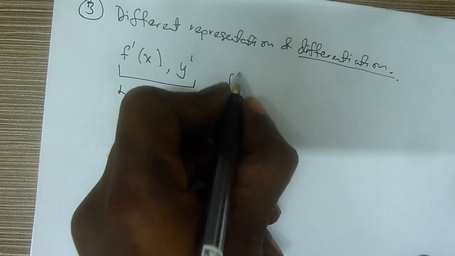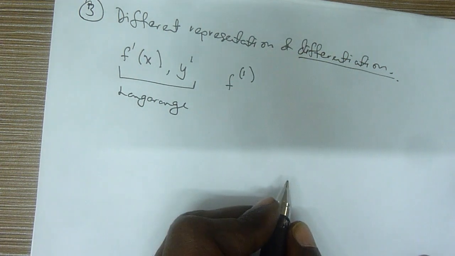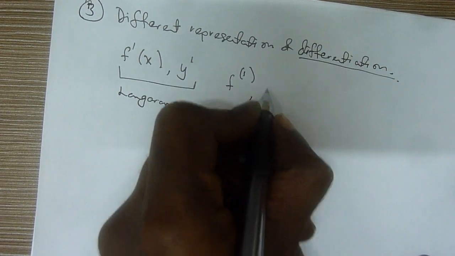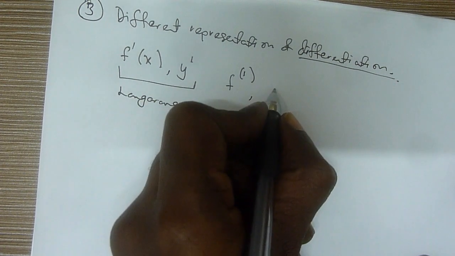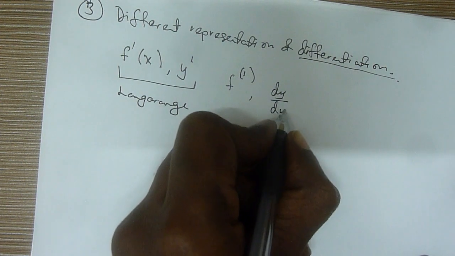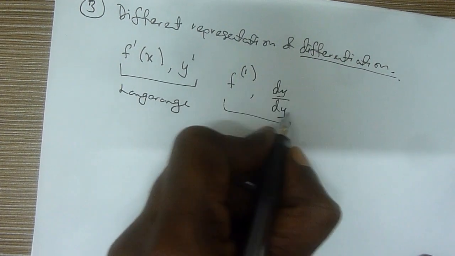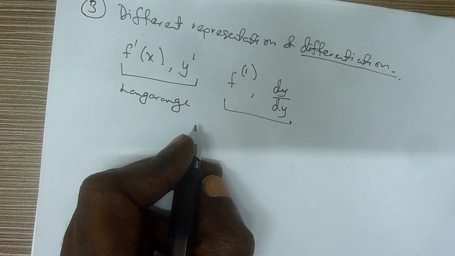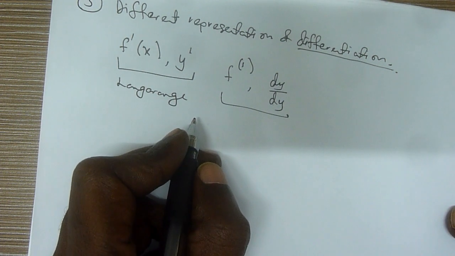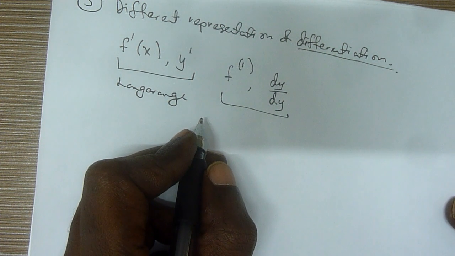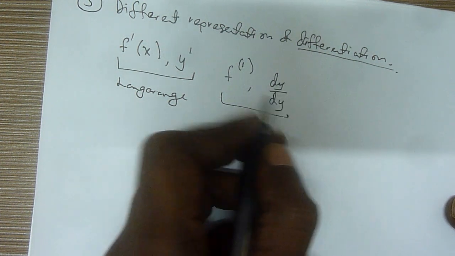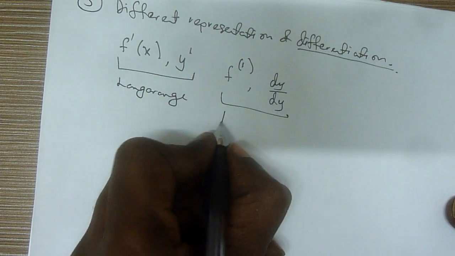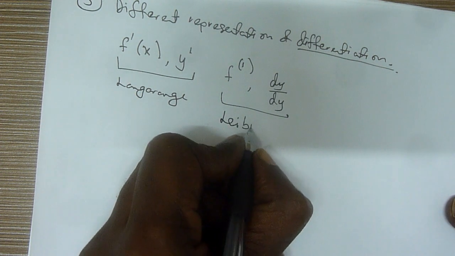This is another technique. We will use f bracket y or dy dx, and can you guess who introduced this method? I know many of you will say Newton, but no, it's not introduced by Newton, and this is the representation of what we call Leibniz.